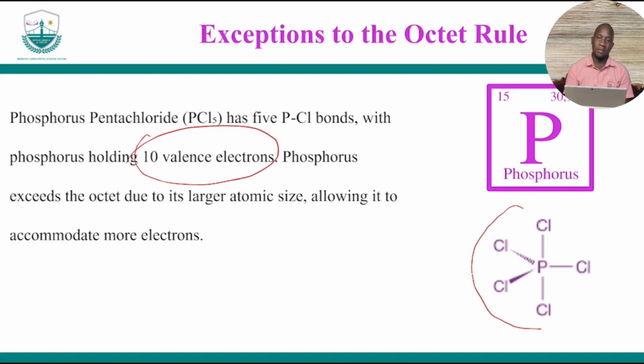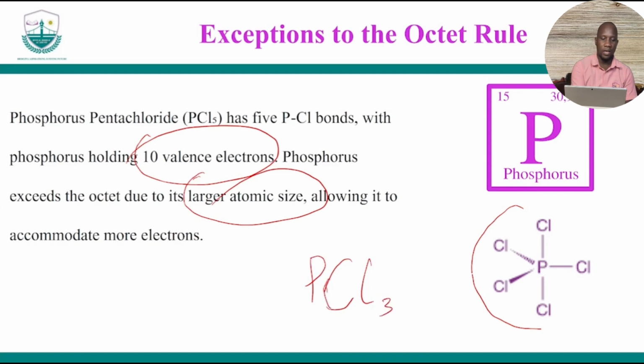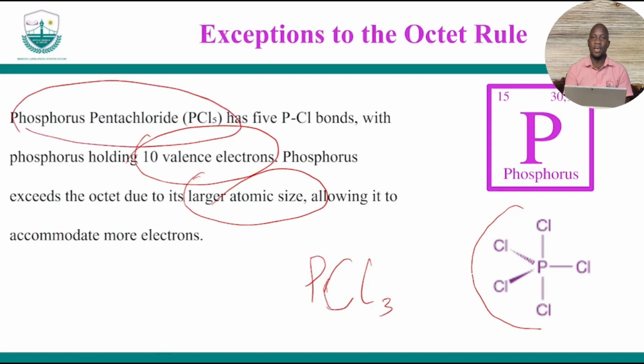And this is basically because phosphorus has a large atomic size, and this allows it to accommodate more electrons. Okay, so when, for example, you would expect to have phosphorus trichloride, this is actually unstable, and that is why we have this instead, and it is unusual, and that's why we are calling it an exception, because it does not obey the octet rule.